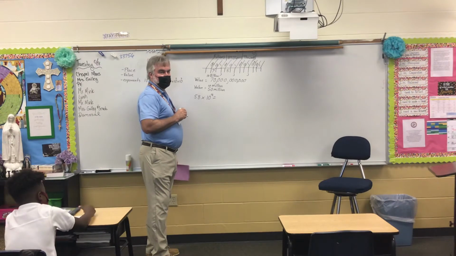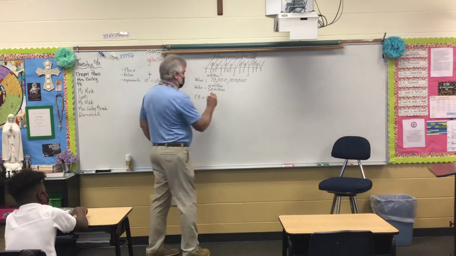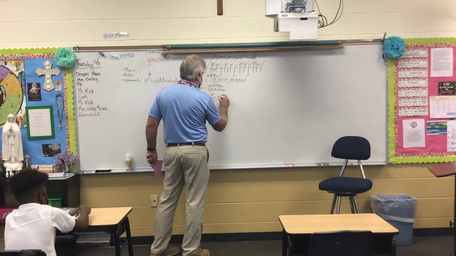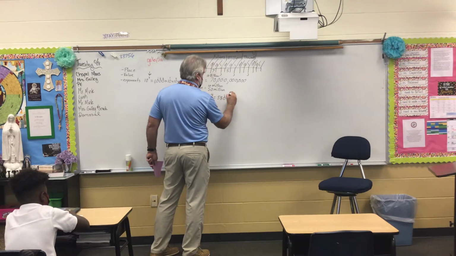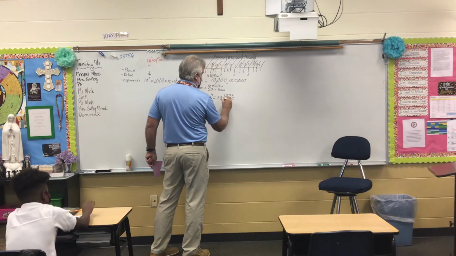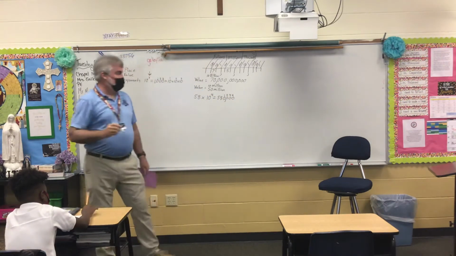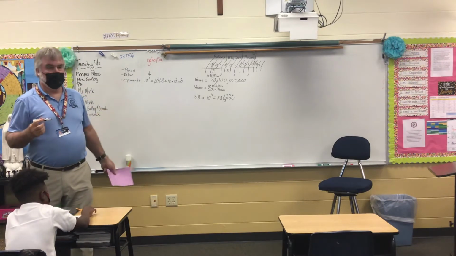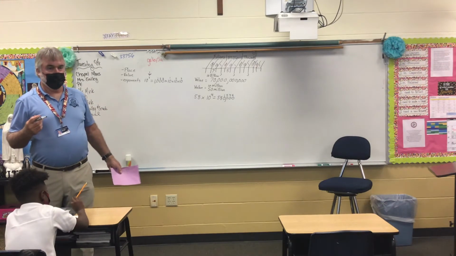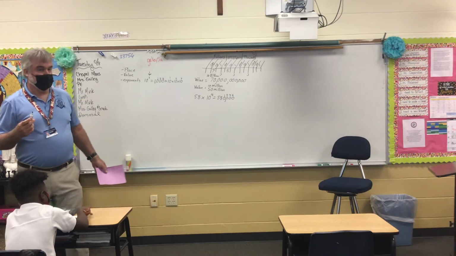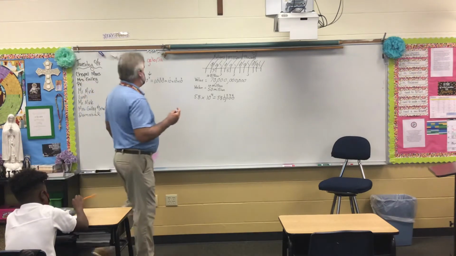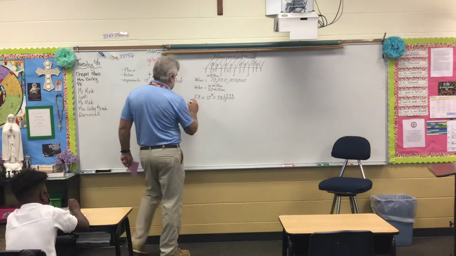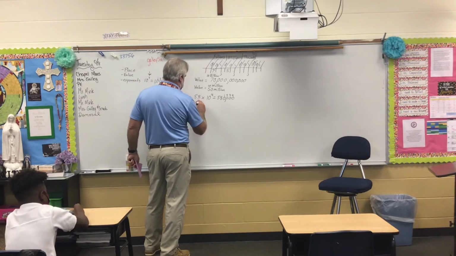You would do 58 and add 4 zeros. 58 and add 1, 2, 3, 4 zeros. And so you'd end up with 580,000.